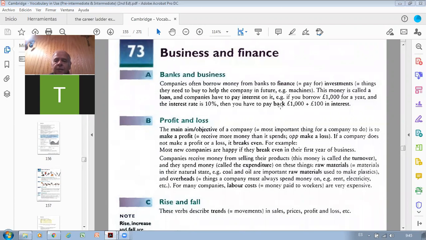The other class, we discussed a little bit about borrow and lend, which are similar in Spanish, but in English they have different words. In Spanish, we use prestar y pedir prestado, right? Which are very similar. But in English, there are two different words. Pedir prestado is borrow.